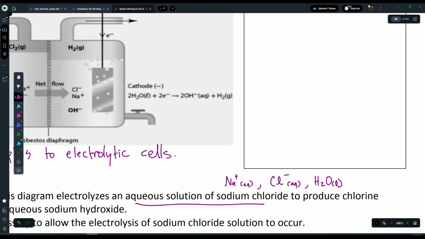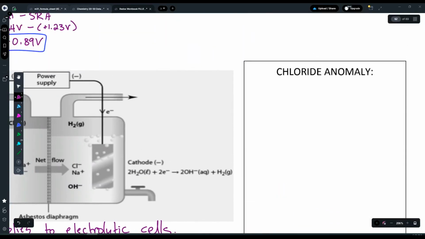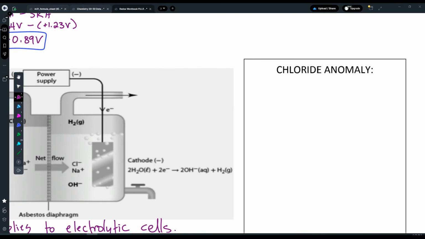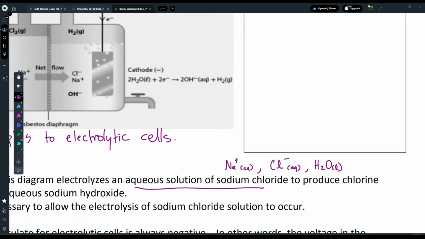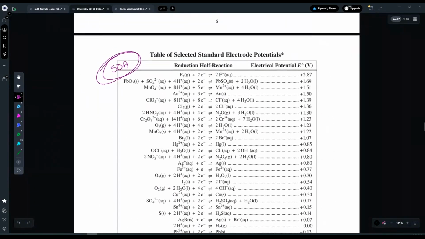Now, because of what's present in our species list here, we run into something called the chloride anomaly. Okay, now let's just look at what we've got and see where it's sitting in this redox table.